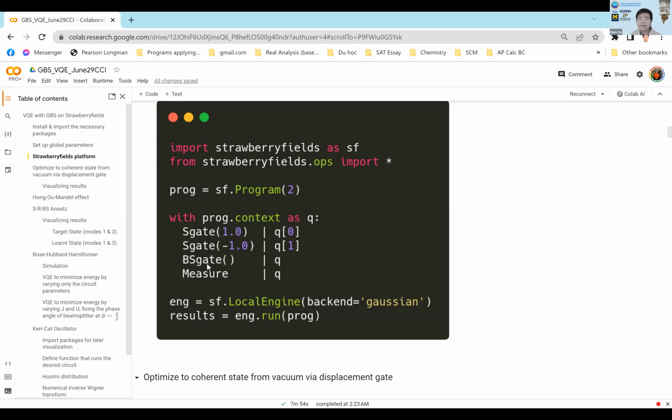And then I prepare a beam splitter gate. I don't put in any parameters here because they're already default parameters, onto 2 modes. And finally, I just measure the outputs. And after you declare the program, you declare what the quantum circuit looks like and the engine backend, then you can run the circuit.